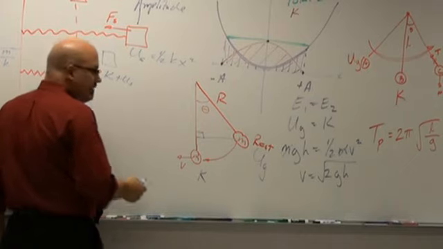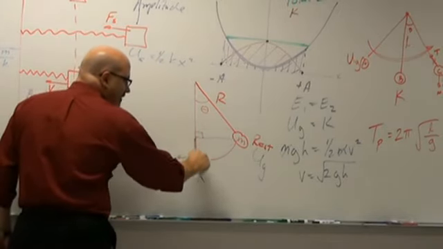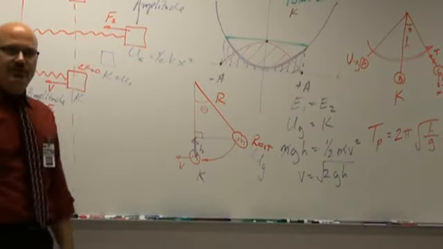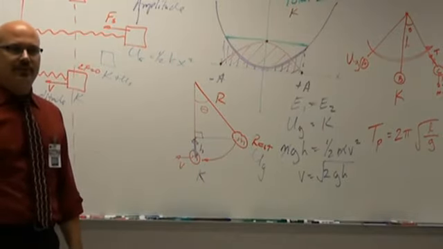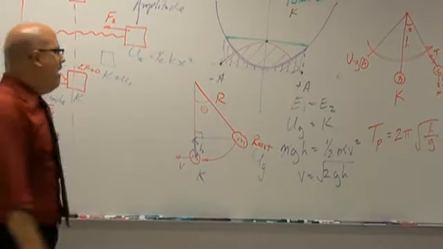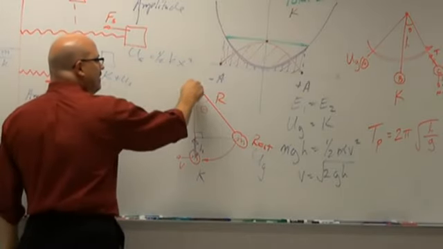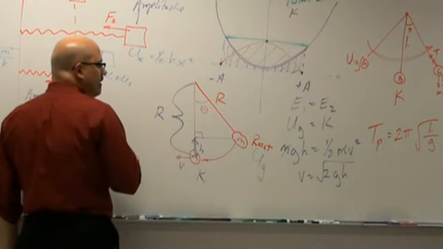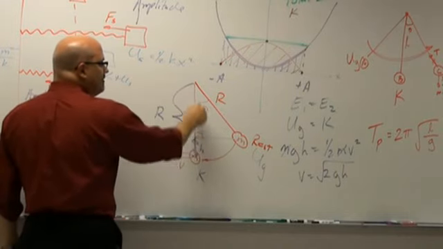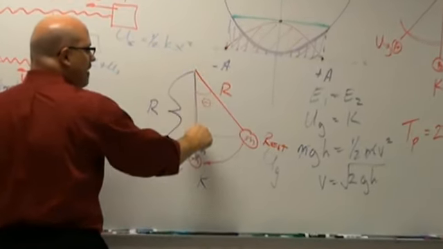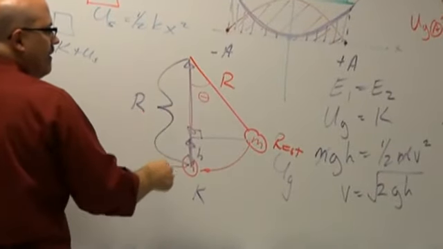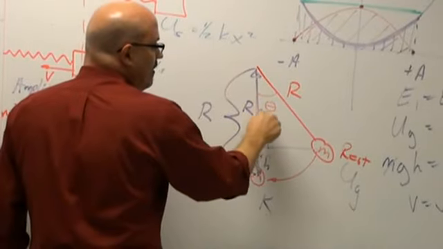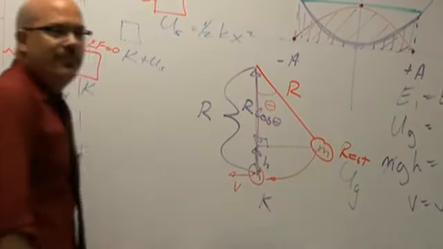Where is h? This is h. How do we find h? From here to here is r. This is h. So what is this from here to here? That is r cosine theta.